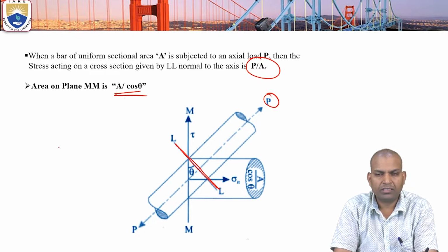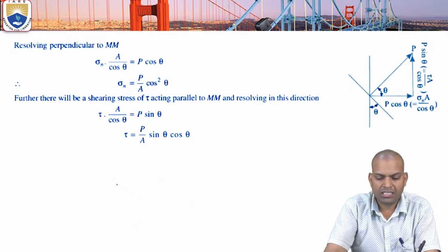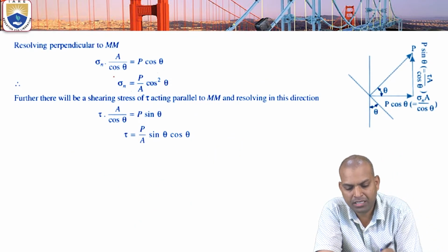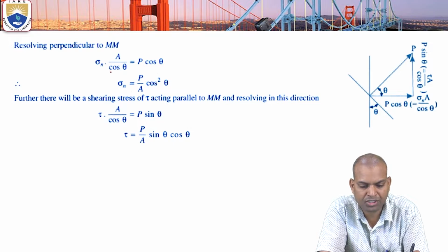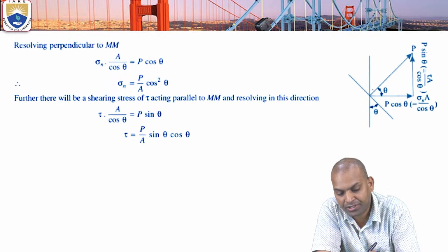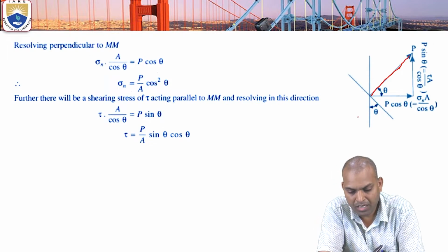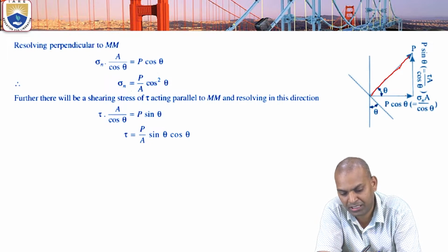After resolving these components along sigma n and tau on the MM plane, sigma n into A by cos theta is nothing but P cos theta. We have resolved the load P along the normal direction, that is sigma n, on the MM plane, with LL the section plane.